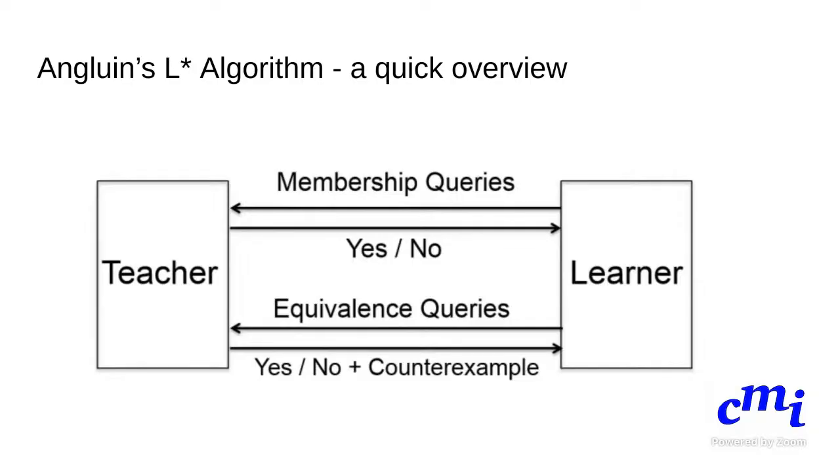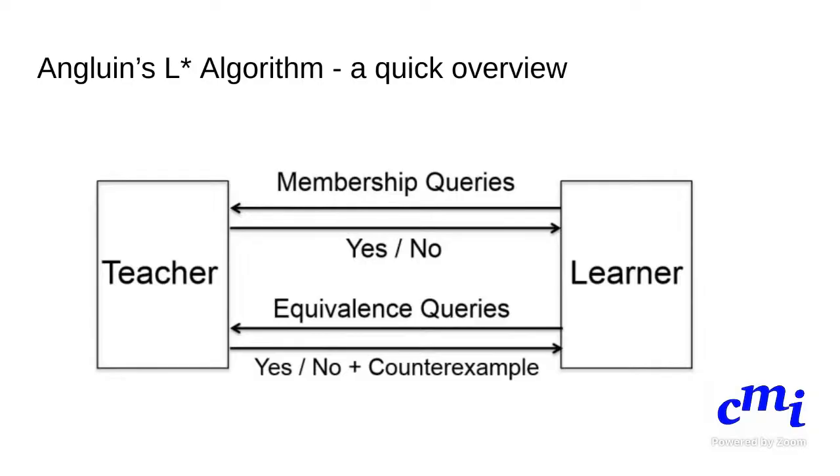After a certain point, the learner hypothesizes an automaton, which the learner thinks is the correct automaton, or tries to learn from, so the learner makes an equivalence query: is the hypothesized automaton the desired automaton? The teacher has two types of answers.